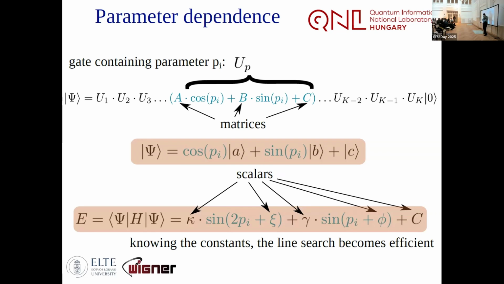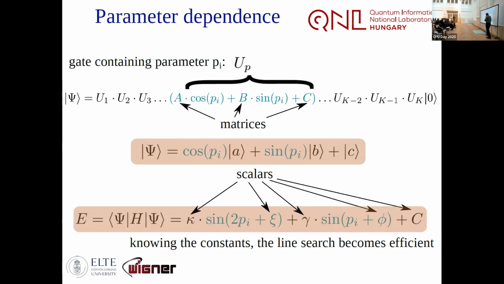Now if you calculate the resulting psi state, you can keep these trigonometric functions in the expression describing the transformed state. And when you are calculating the expectation value of the Hamiltonian, you end up with the same trigonometric dependence on this parameter phi_i. So the energy, the expectation value of the Hamiltonian, along the specific parameters has trigonometric dependence on the parameters with a period of 2 pi.